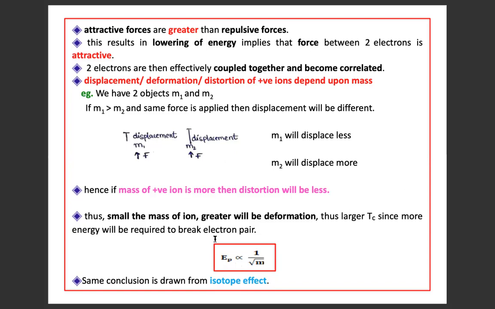This was explained successfully in BCS theory: how electron-electron interaction through phonons takes place, how an attractive interaction between two electrons through the phonon field or through lattice deformation takes place. So in the next lecture, we will discuss formation of Cooper pairs.